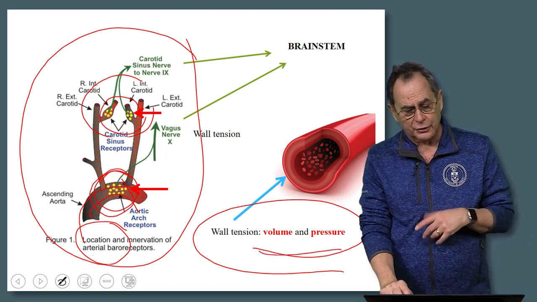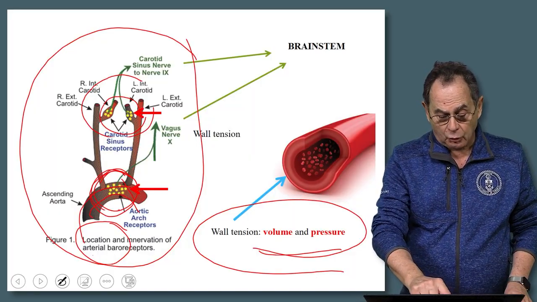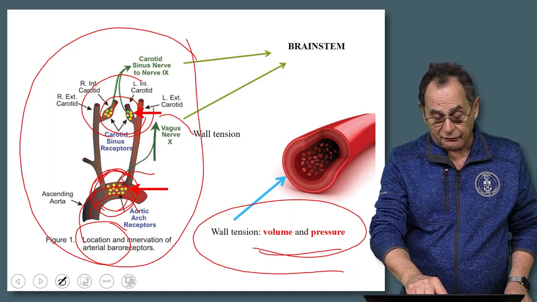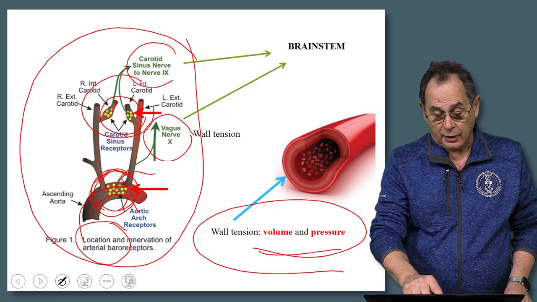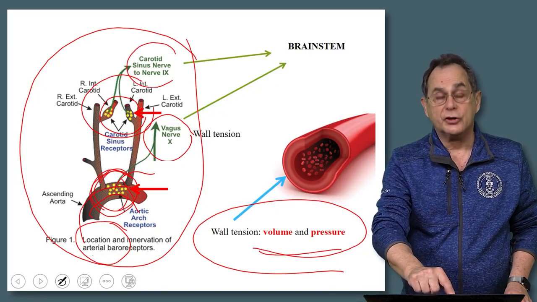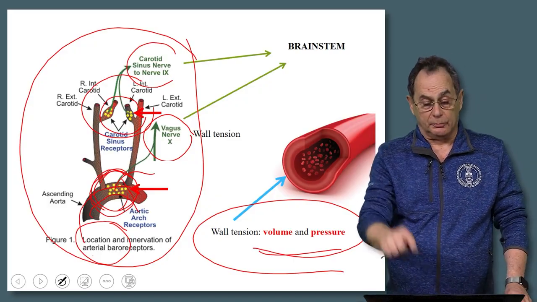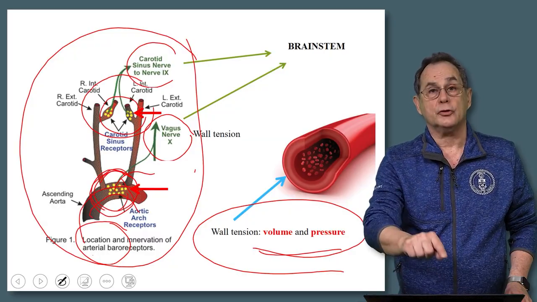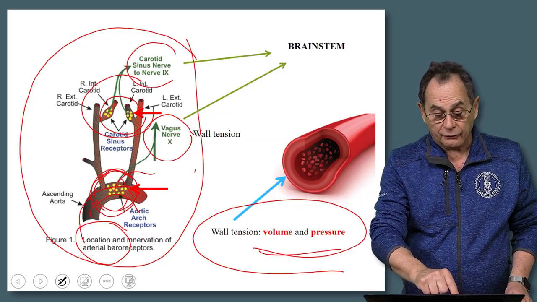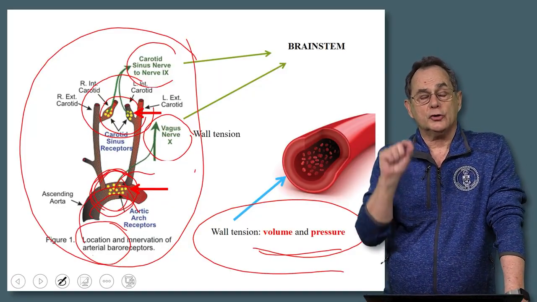Let's look at this a little more. The first thing to note is that these baroreceptors communicate through the vagus nerve and through the 9th cranial nerve. There is afferent neurologic traffic from the baroreceptors to the brainstem, from the aortic arch through the vagus nerve, and from the carotid sinus receptors through the 9th cranial nerve.